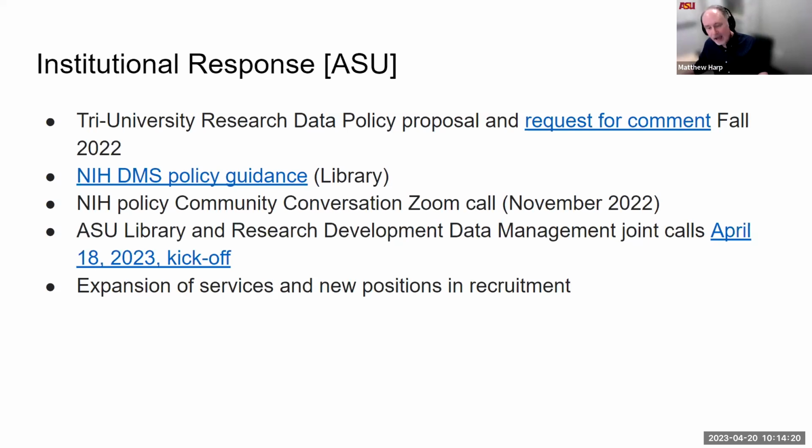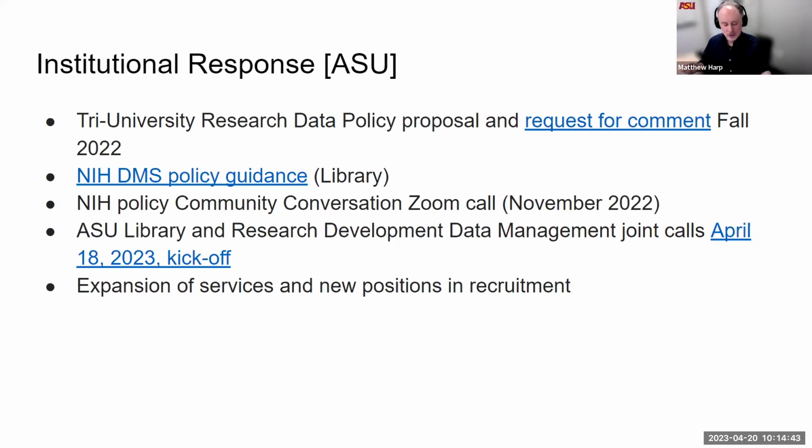In addition to that, we also had a community conversation in November, mostly a listening session with actual researchers and staff and everybody from research administration, about what questions, concerns, and needs they have related to the policy, because we didn't want to just be making this stuff up and assuming we knew what people needed, because we really don't.